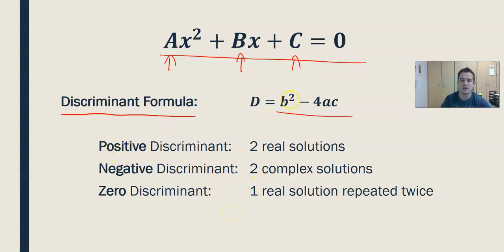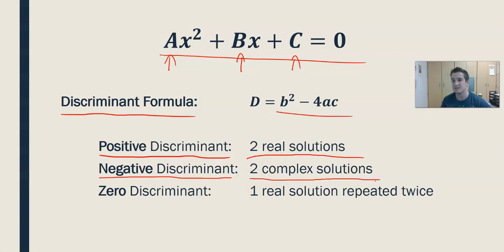When you calculate b squared minus 4 times a times c, if the discriminant is positive, you're going to have two real solutions. Real meaning they're not imaginary, so they can be positive, negative, fractions, or decimals. If I have a negative discriminant, that's a sign that I'm going to have two complex solutions, which means my solutions are going to contain i.